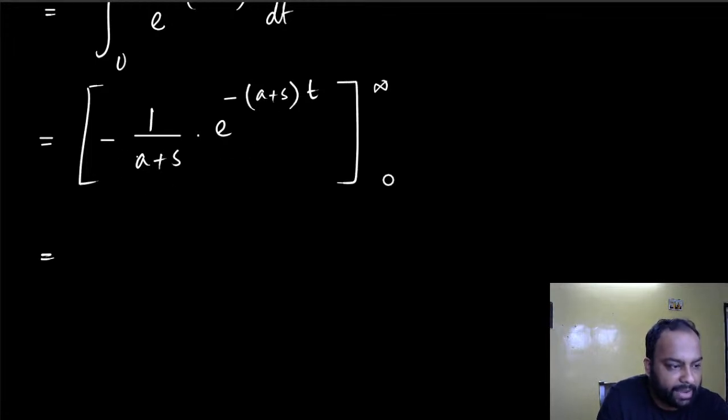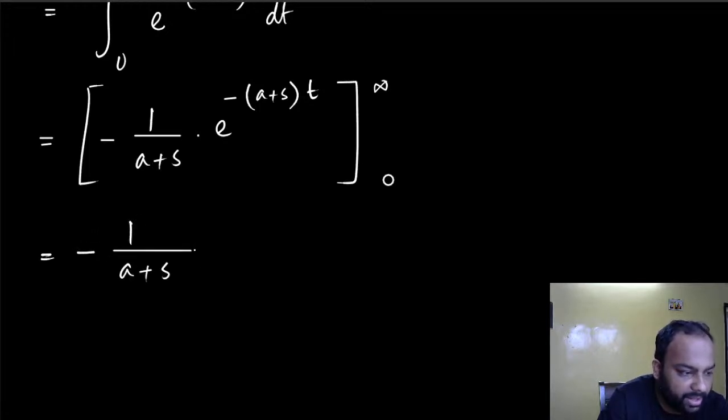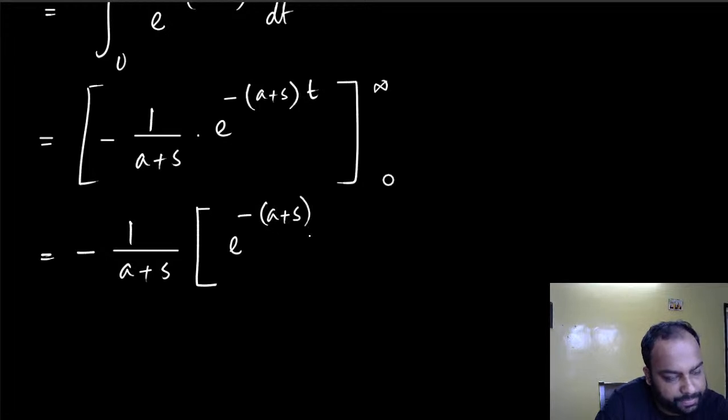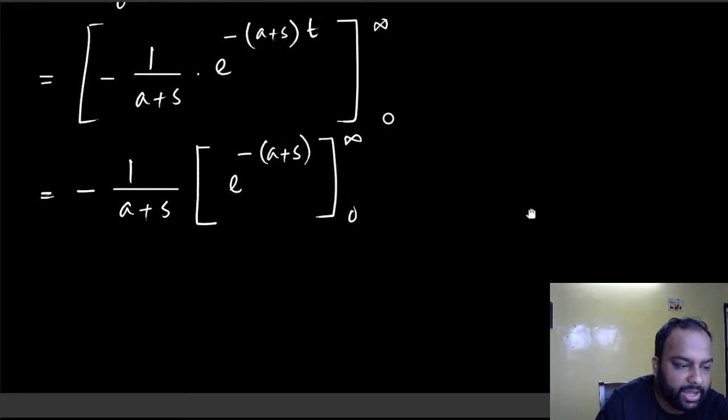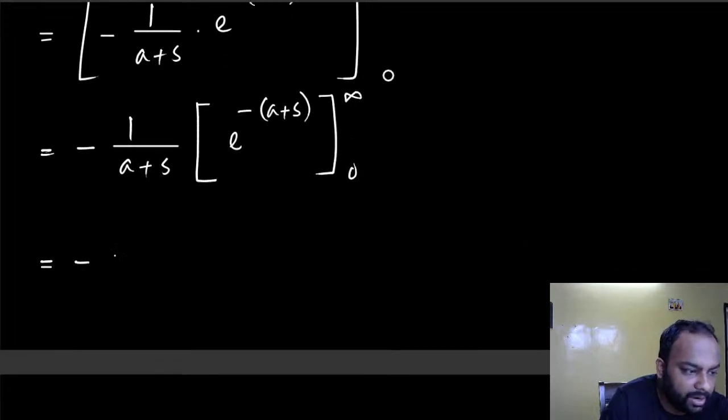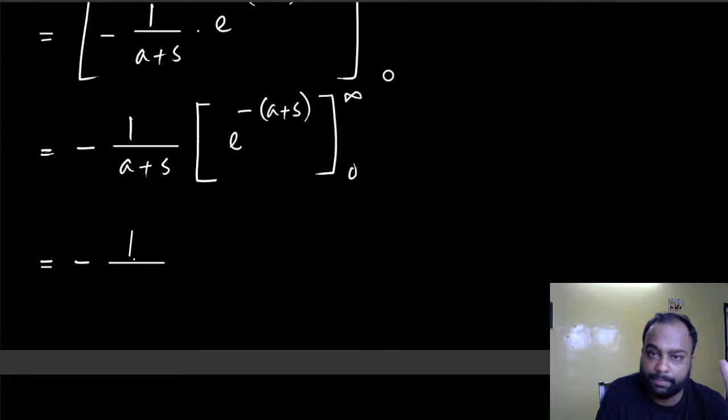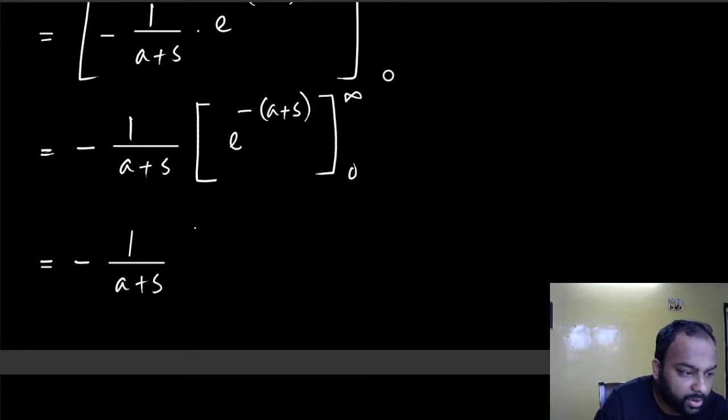I can take minus 1 by a plus s outside, and I have e to the power minus a plus s t, lower limit 0, upper limit infinity. We are treating this as an improper integral, which is the proper way of treating it.